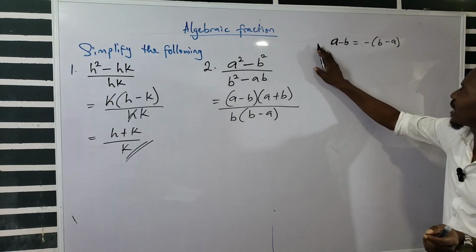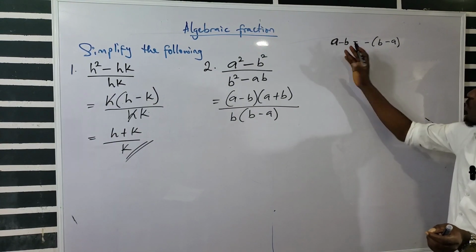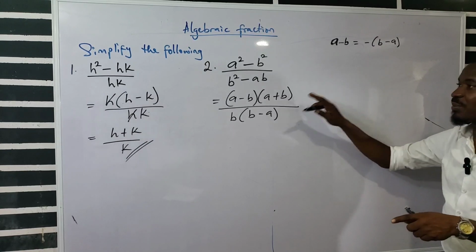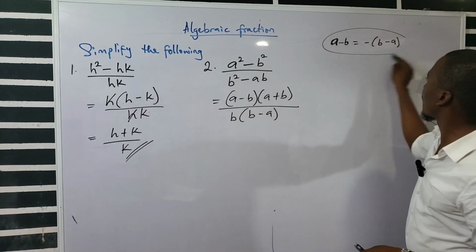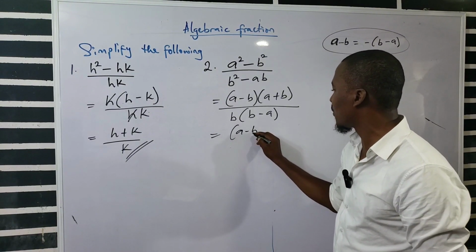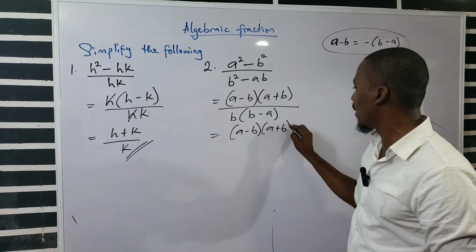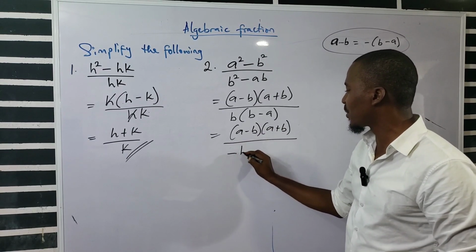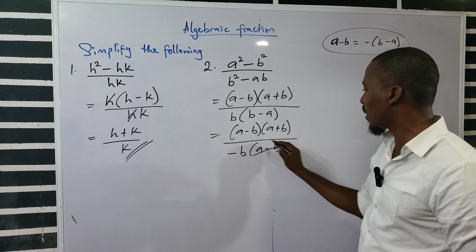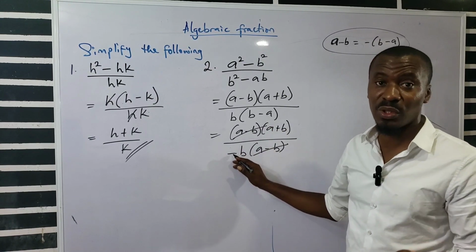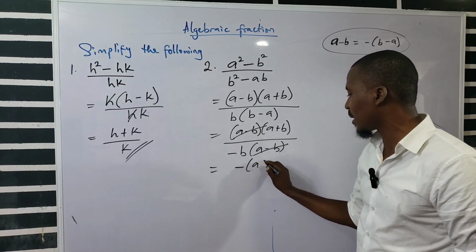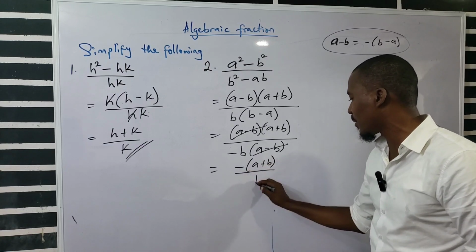When you bring out minus, the expression will interchange if minus is at the middle. I have shown you at the beginning of this video how we got this. So applying it there, you have a minus b into a plus b all over minus b minus a. I'm bringing out minus now. You now have a minus b. So this one and this will go. Minus, we don't leave it at the denominator, so you bring it up. So that will give you minus a plus b over b.